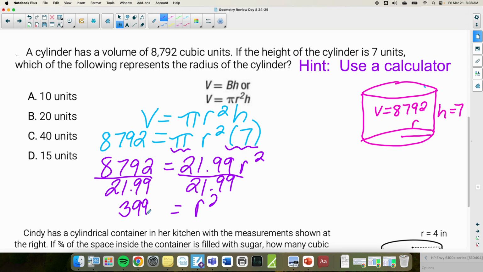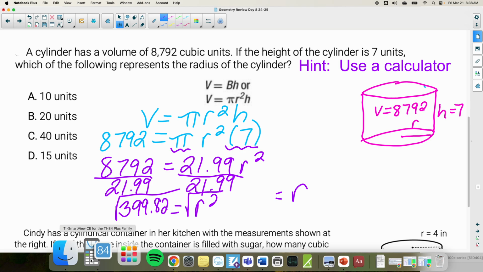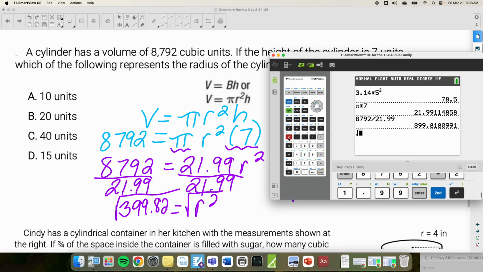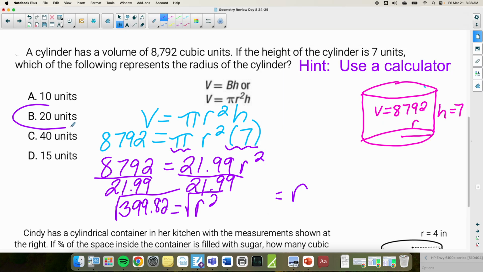And what do I have to do then if that's r squared? Square root. So now, what I would do is take the square root of what we have, which we could just go second square root, second answer. And doesn't that round up to 20 really? 19.995. And 20 is one of our answers. So that would be our answer is 20.